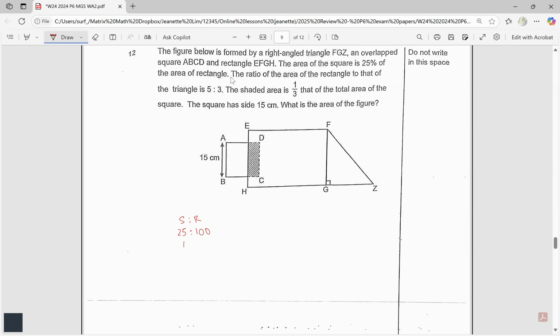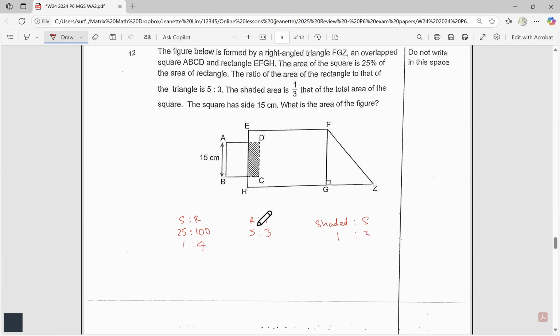Simplify this, you get 1:4. Next, ratio of rectangle to triangle, 5:3. Then we have shaded area. Shaded area is 1/3 the square. So 1 to 3.